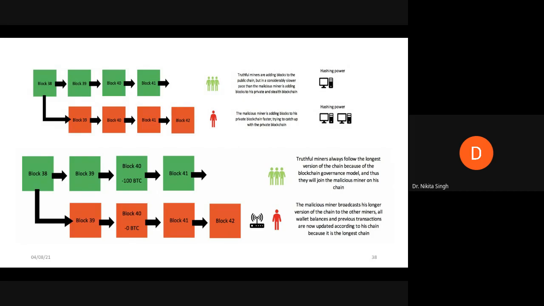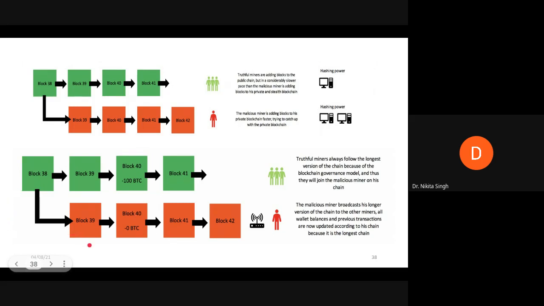So now this malicious miner has broadcasted his longer version of the blockchain to the rest of the network, and the protocol forces even the honest miners to switch onto this blockchain since it is the longest. So this old public chain is now abandoned because it is shorter, and all the data present on this blockchain becomes irrelevant.